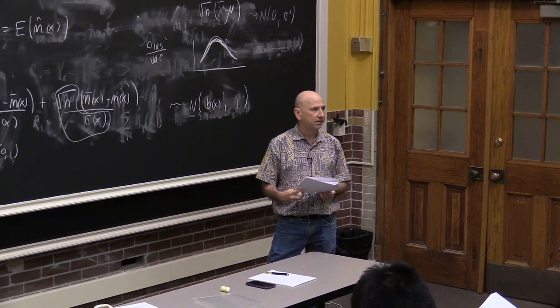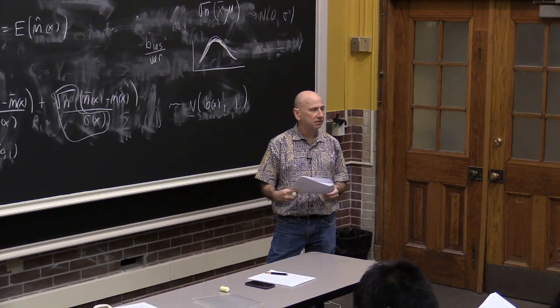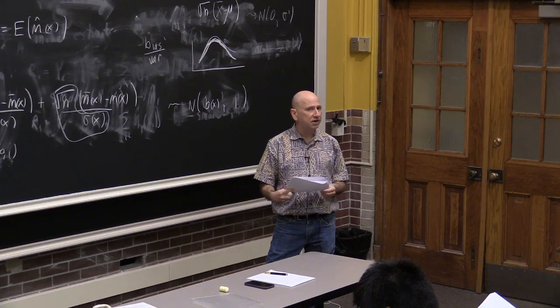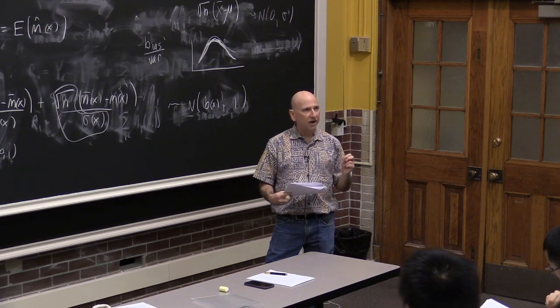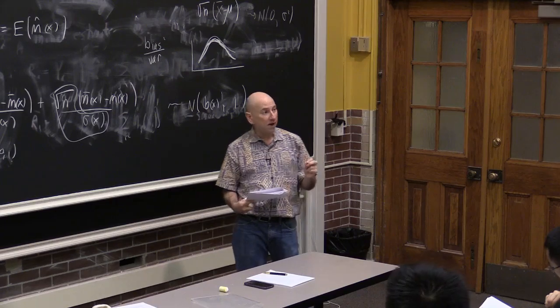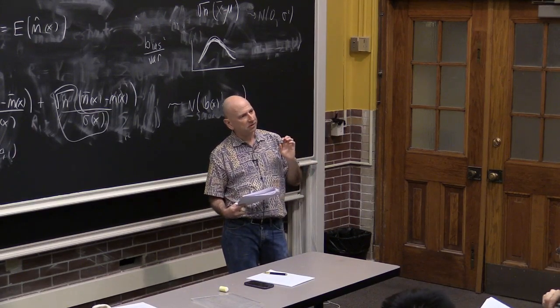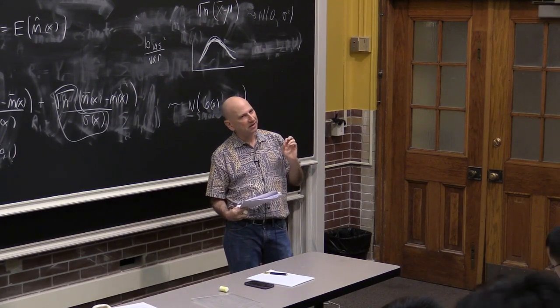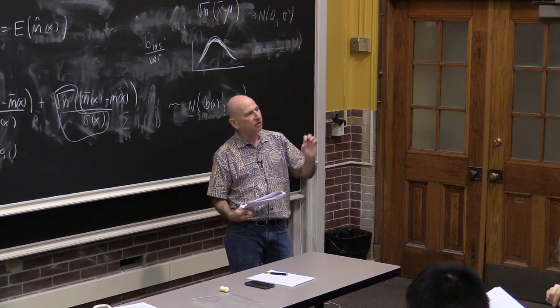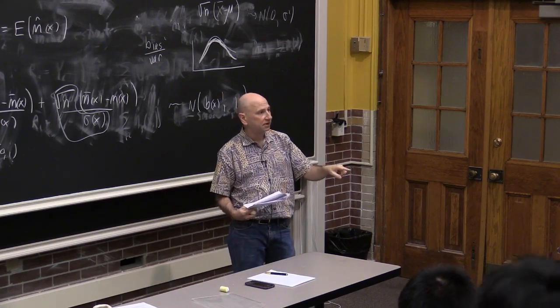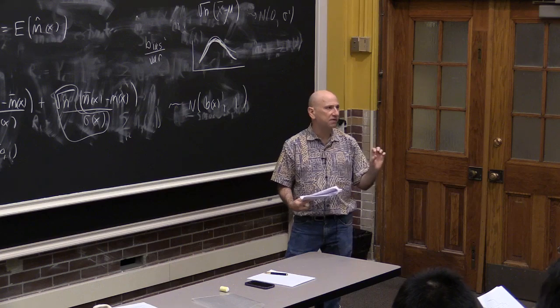Isn't that going to be the same consequence if I do this undersmoothing? Undersmoothing will reduce the bias. It will increase the mean squared error of your estimator, of your predictor. That's different than talking about the width of the confidence interval.